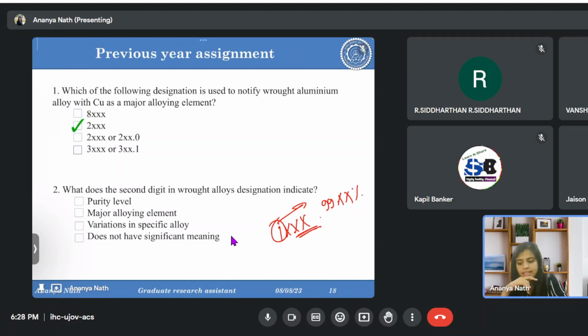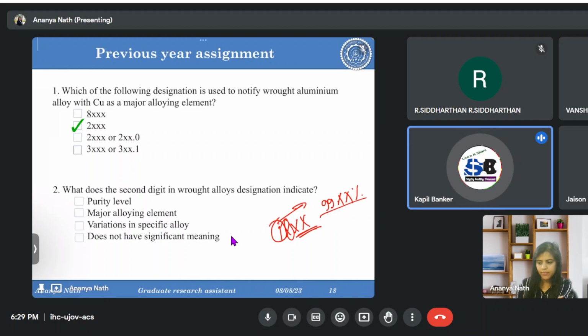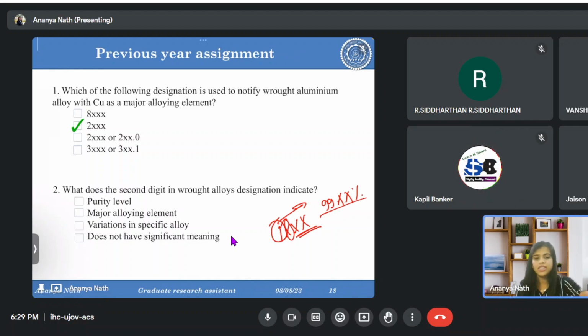But the second digit does have a meaning. It should be variation in specific alloy. Yes, it defines the variation in specific alloy.